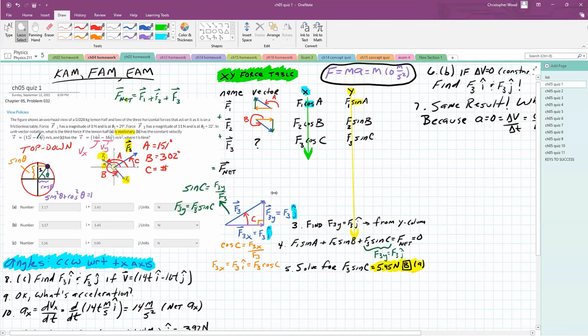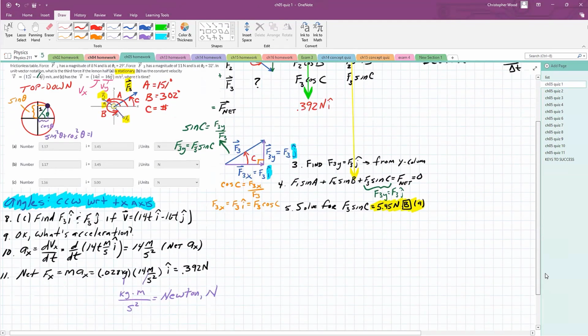All right, so the F net for the X component, numerically speaking, is 0.392 newtons, in the I hat direction. So I've updated my XY force table for part C.